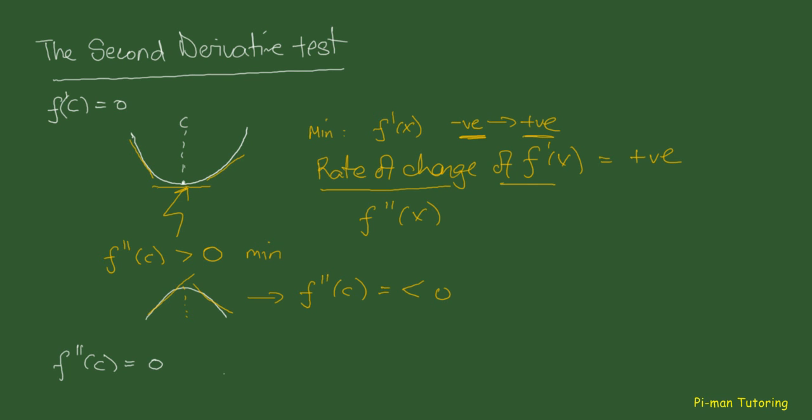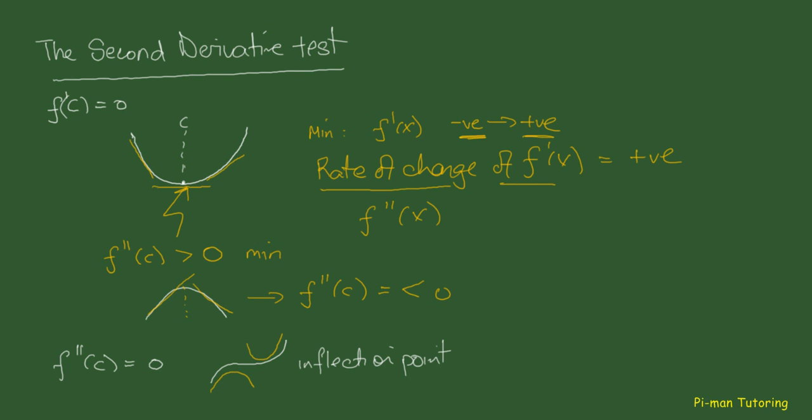Well, if it's not a maximum and it's not a minimum, one thing it can be is our friend the inflection point. But it's only an inflection point if the concavity is changing at that point. So here we have concave down for this function, and here we have concave up.